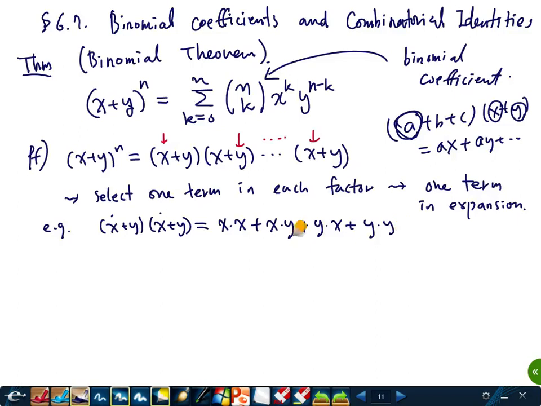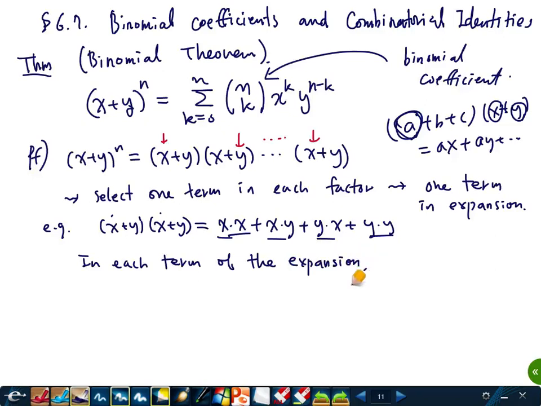But as you can see, these are the same thing. xy equals yx because they commute. So in each term of the expansion, like this, let's call these the terms in the expansion.